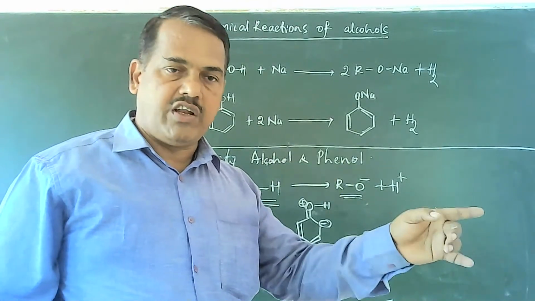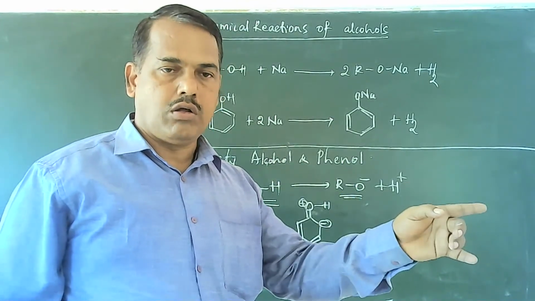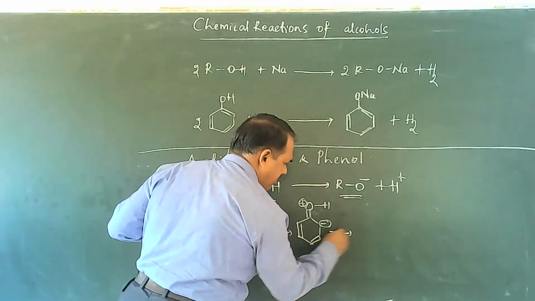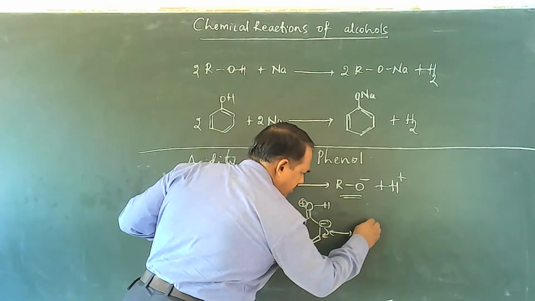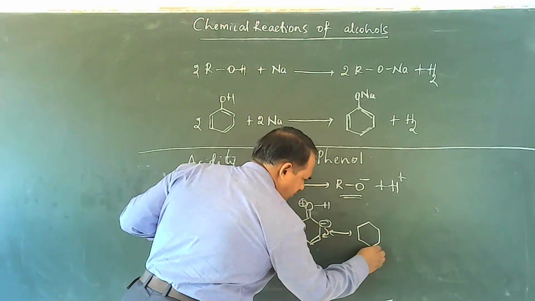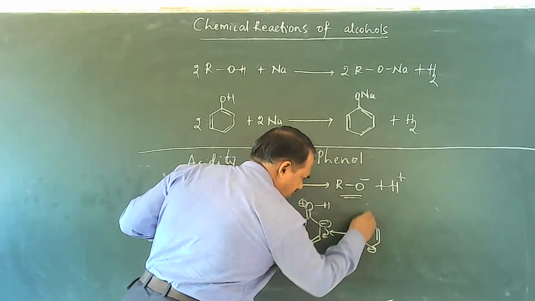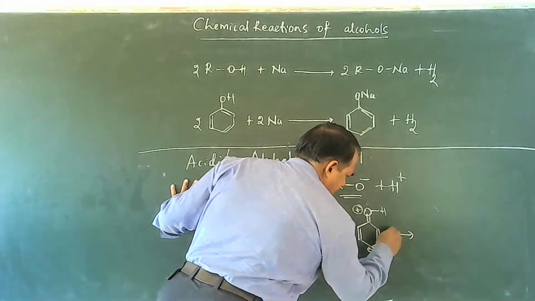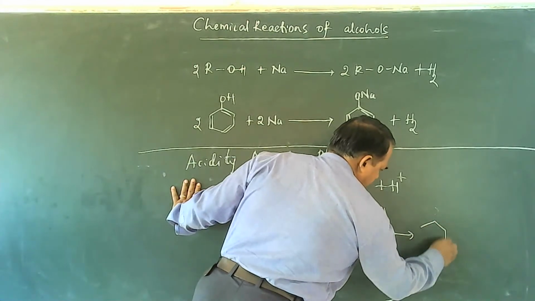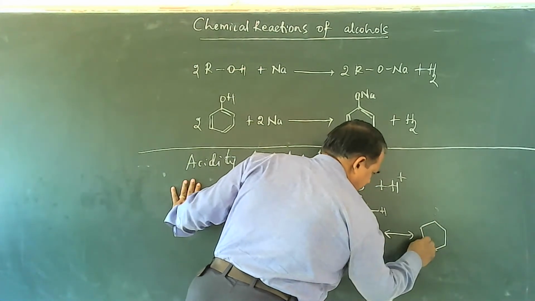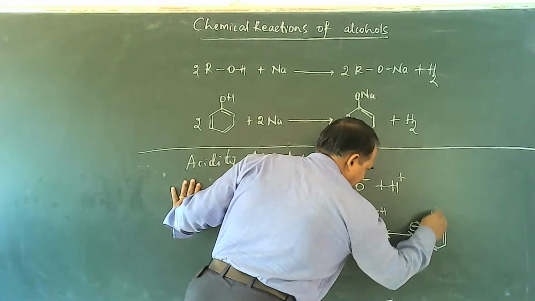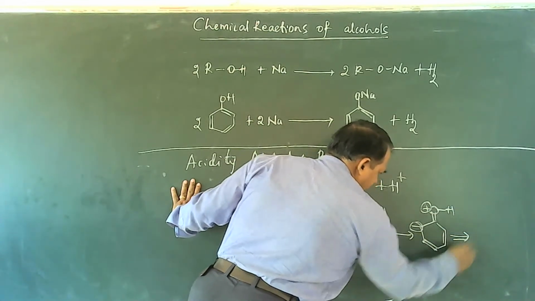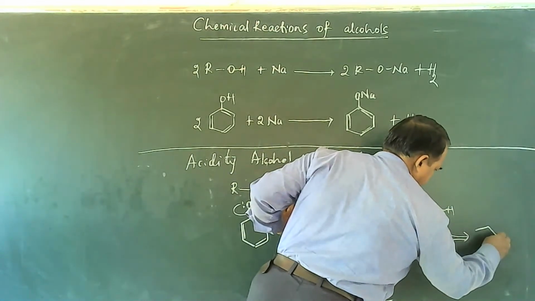Phenols are more acidic than alcohol due to the resonance structures formed. You can write the resonance again here. Negative charge on the para position, with the double bonds and partial positive charge. Again we have the resonance structure of phenol, with the negative charge here, a double bond, and a partial positive charge.